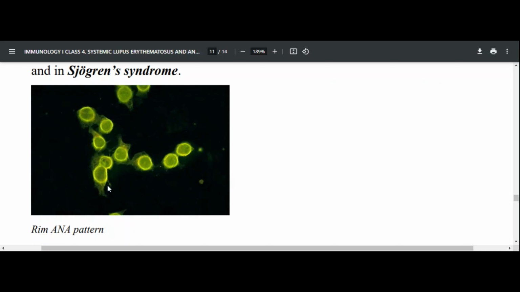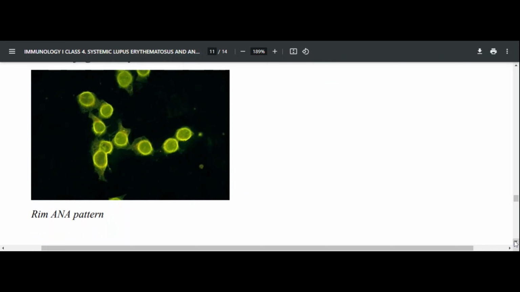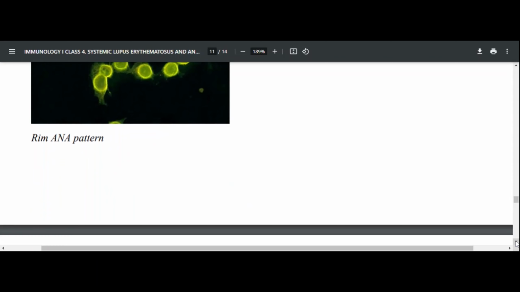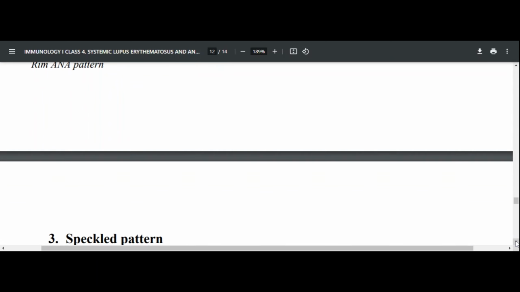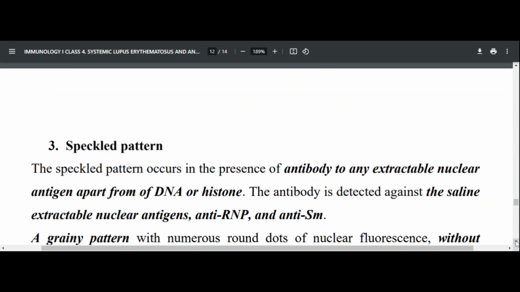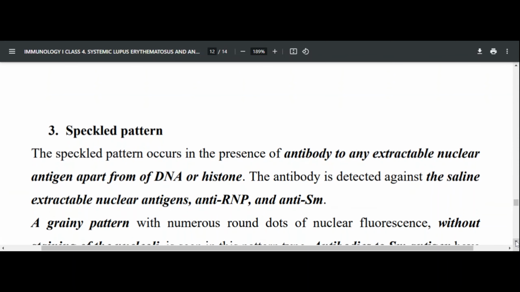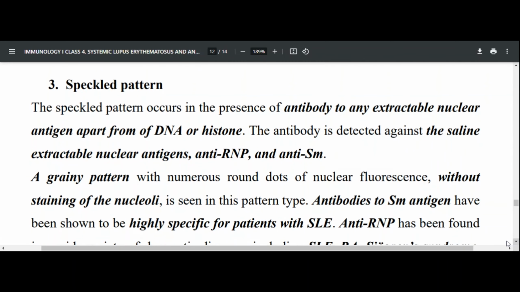The black color is the cytoplasm of the cell, because the cytoplasm is not fluorescing at all. But you can see that some feathers are extending into the cytoplasm. That is always a confirmation of the peripheral pattern, which always suggests anti-double-stranded DNA, suggestive of systemic lupus and sometimes Sjogren syndrome.